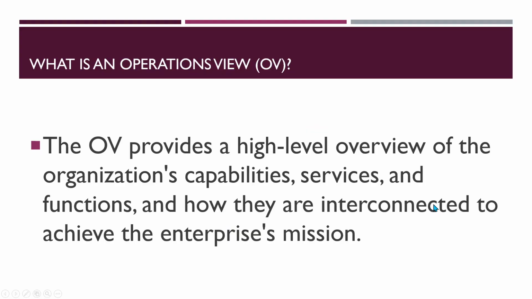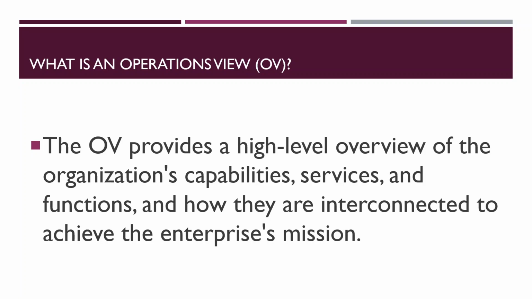Okay, so what we have up for this view is an operations view. Operations views in general depict, as it says, operations at various levels, but it's an operational view of the current state you intend to develop.